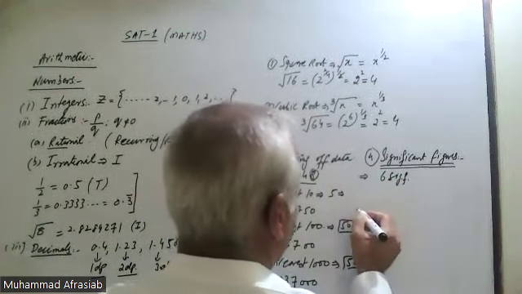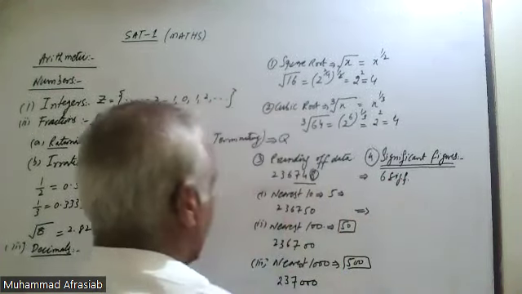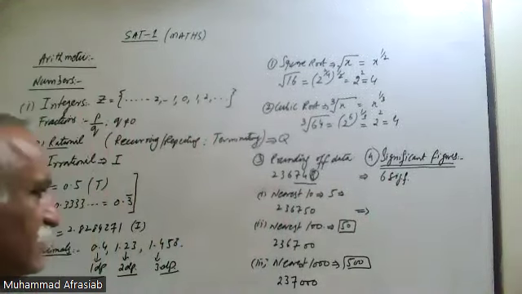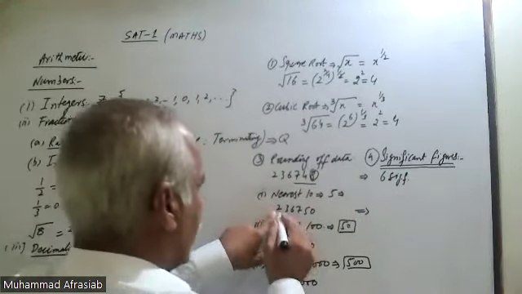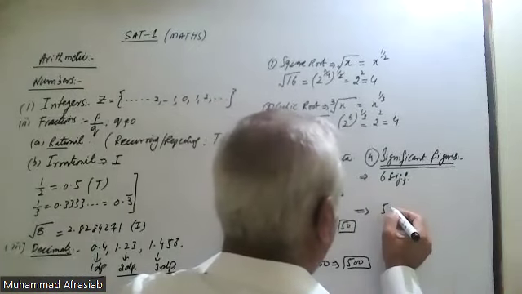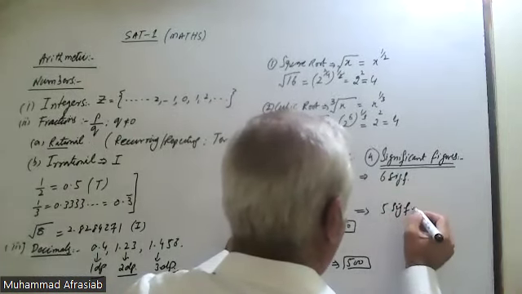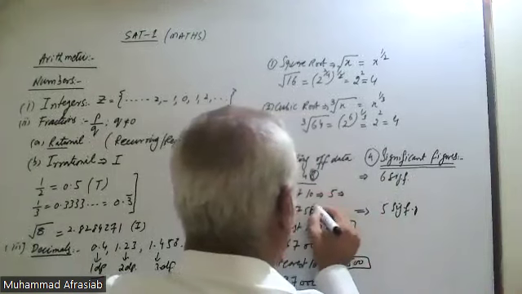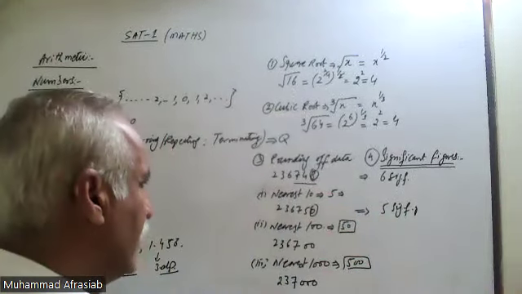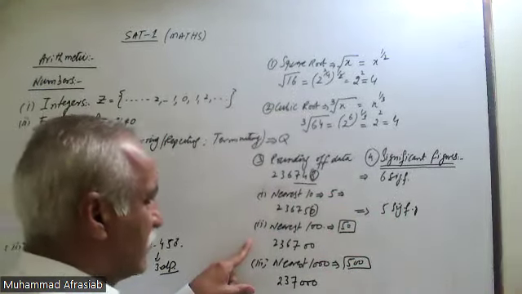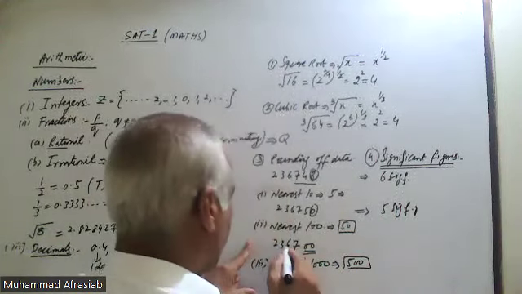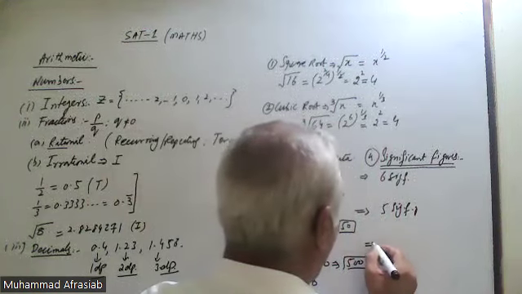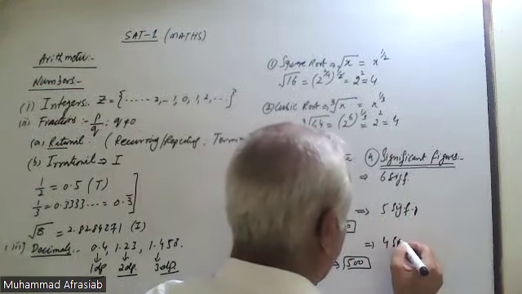After converting it to the nearest ten, you can write this number as having five significant figures, because the zero has no role in it. If it is nearest 100, then these two zeros have no role in it. So there are 1, 2, 3, 4, so four significant figures.